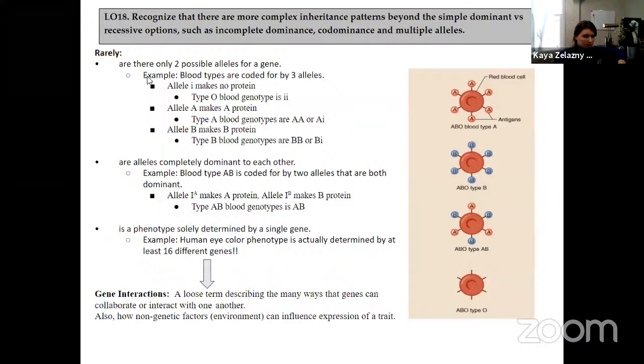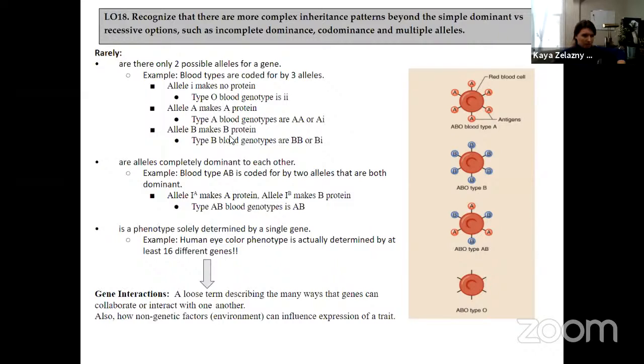In situations where we have multiple alleles like this, sometimes we're going to have alleles that have an order of dominance. Sometimes we're going to have alleles that are co-dominant. And this is basically what it looks like for blood type. So anytime we have a gene for protein A or a gene for protein B, both of them are going to be expressed.